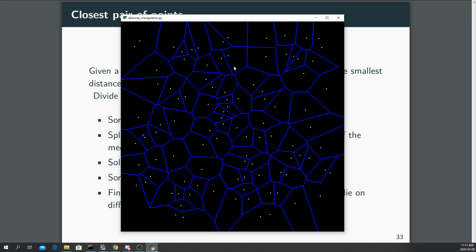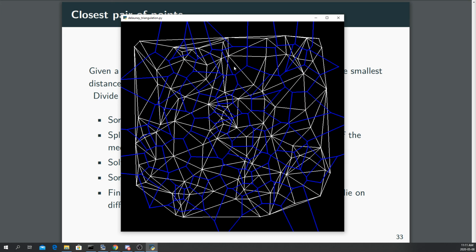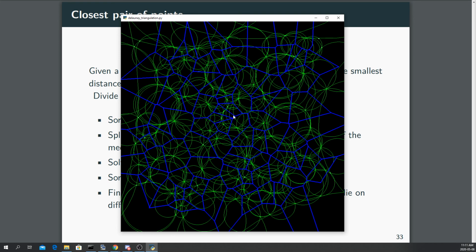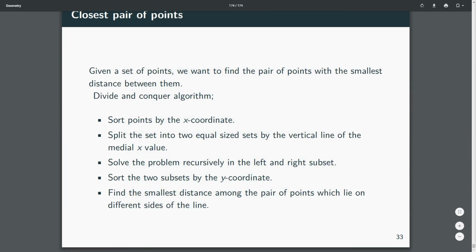And then if we add the triangulation on top of this, we can see how the polygons of the Voronoi diagram and the triangulation intersect. Or even if you look at the circles, these all have a relation. Maybe I should reduce the set so you can see it clearer.